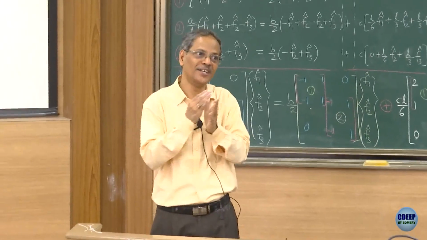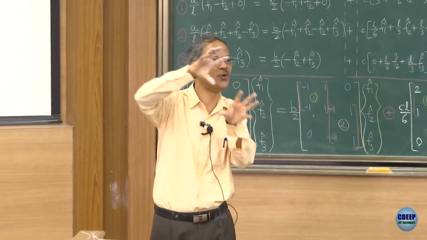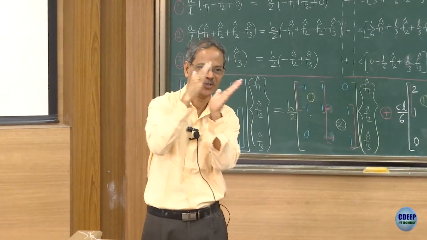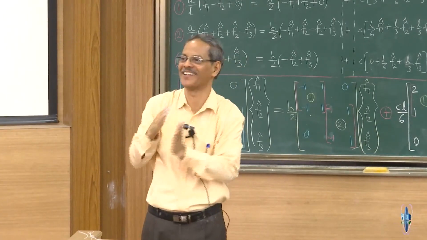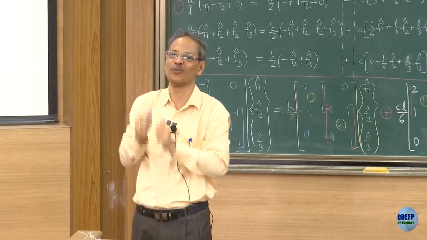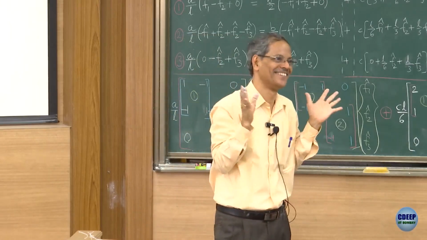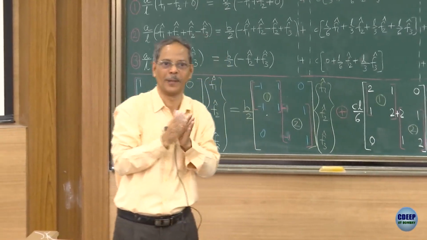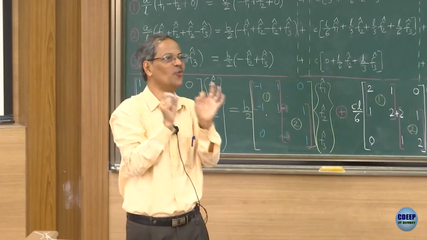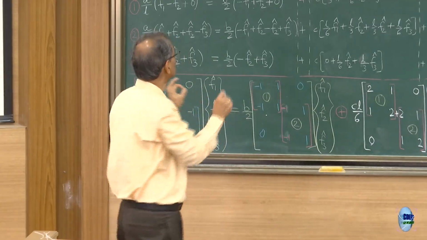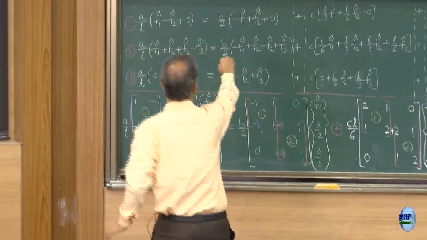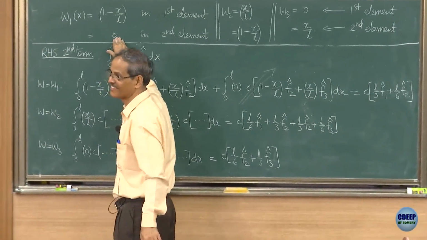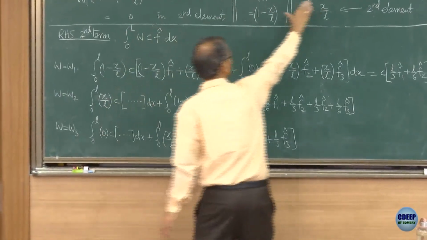Now, from where did we get all these zeros bunched and non-zeros bunched towards the principal diagonal? We are interpolating only between 2 values. When I wrote this, only in the first element, in the second element it is 0.